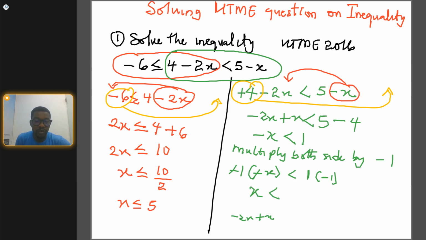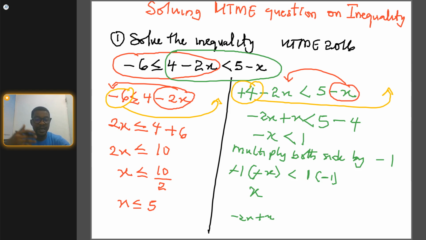Of course, no, because we have actually multiplied both sides by a negative integer. The first tip I gave us when we started this topic is that when you multiply both sides or divide both sides by a negative integer, the inequality sign will reverse. So if it was greater than, it will change to less than. If it was less than, it will change to greater than.